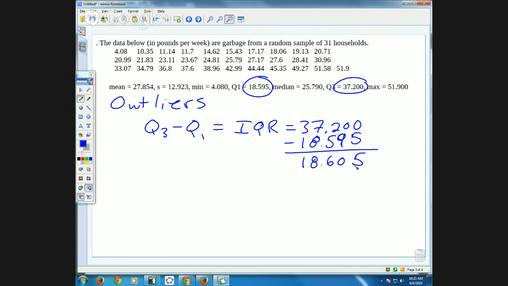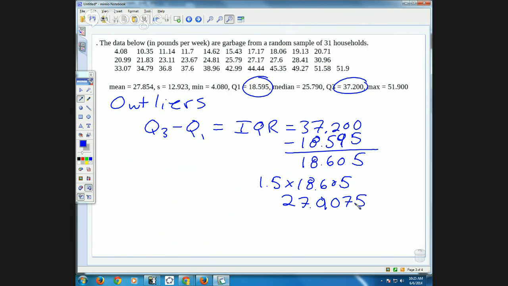All right, and then what do I do with that? Okay, so then I take 1.5 times 18.605. Anybody with a calculator? 27.9075. Okay, and then we do what with that number?